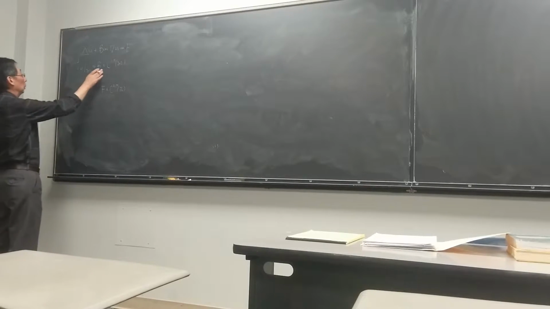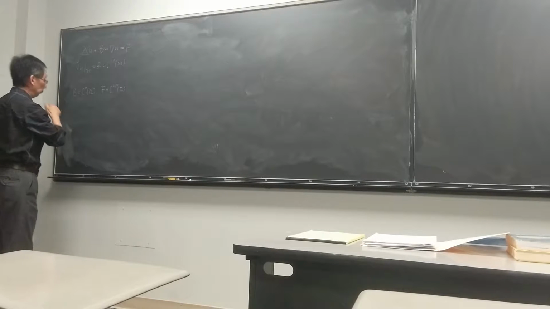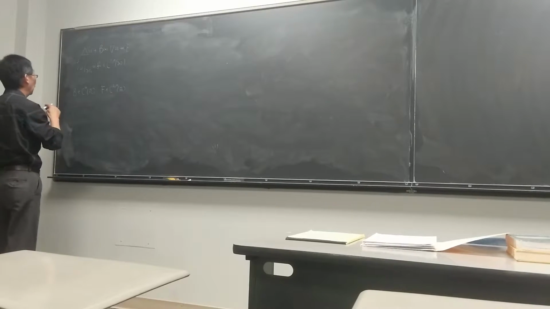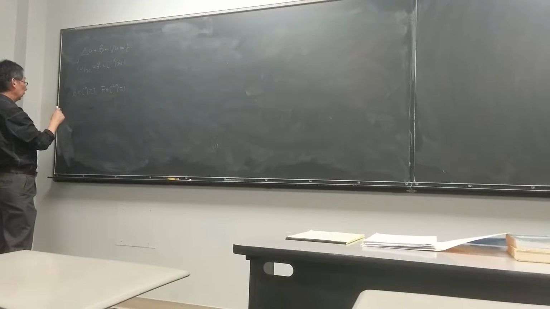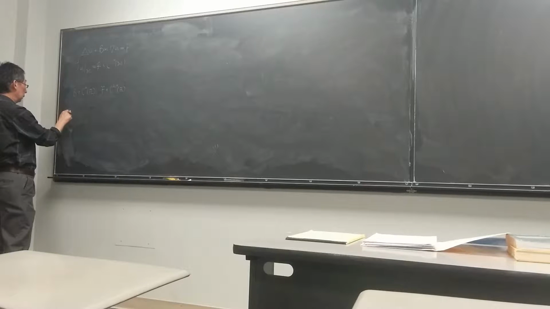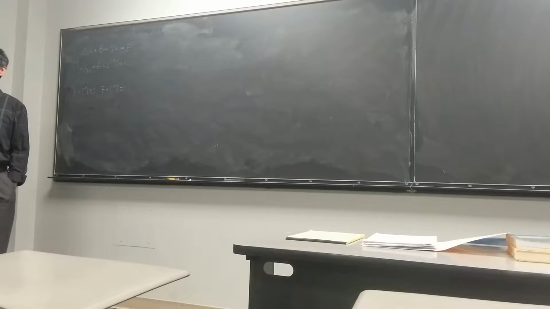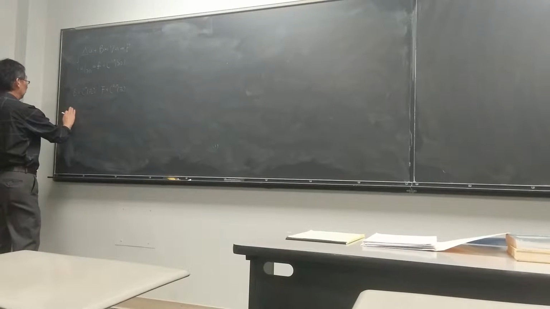So this initial value problem, in this case, there's a couple of things you can talk about. First is the maximum principle, which is obvious for this case. We don't have to think about it.